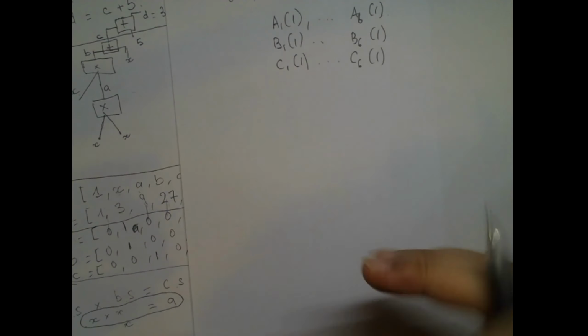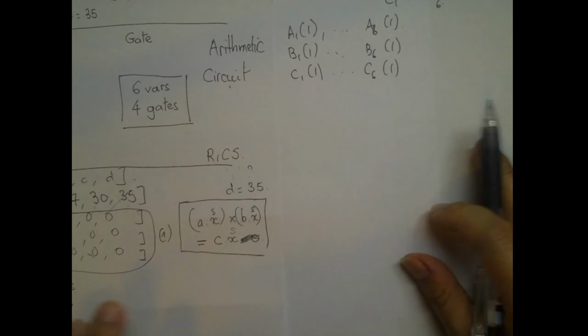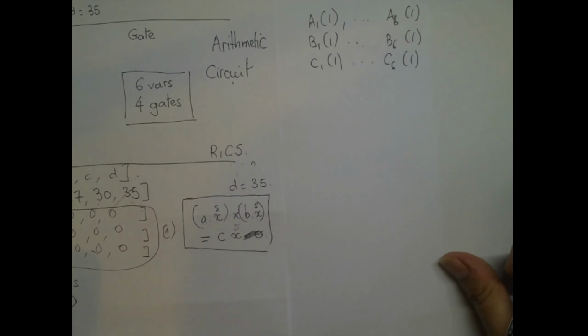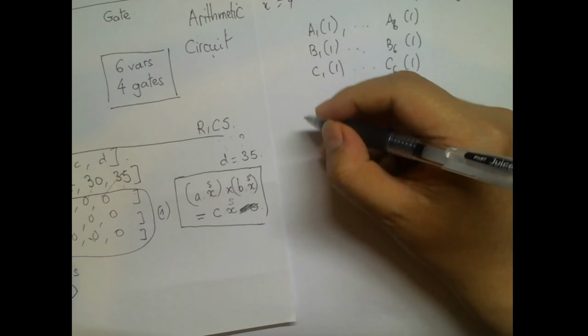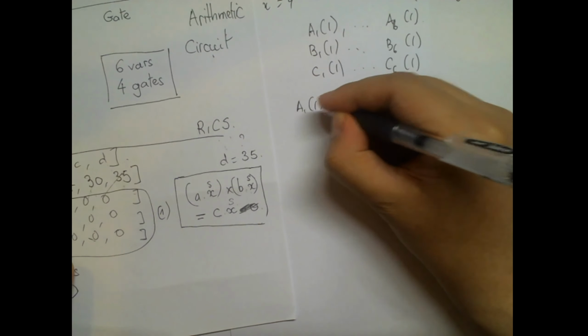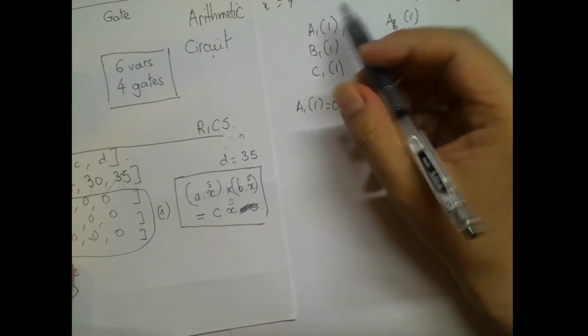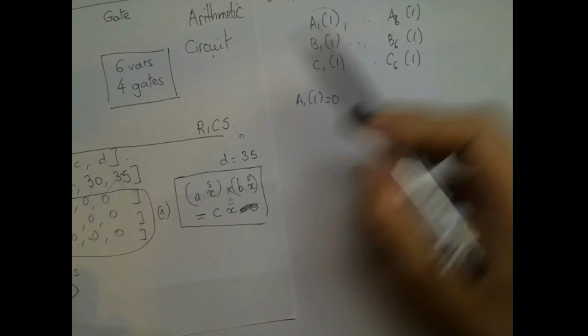You're gonna have the first, this guy here. This guy should be matched to this guy, right? So what do we do? We recognize that this means that a1 of 1 equals 0, because this term here has to match this term here.